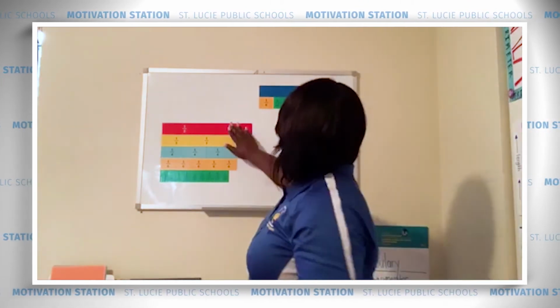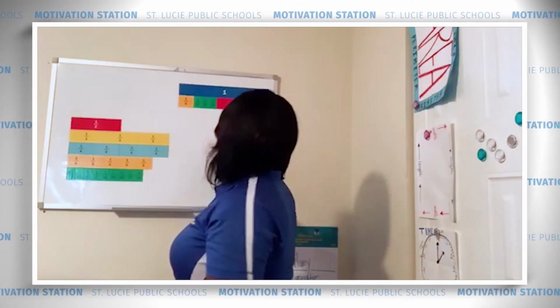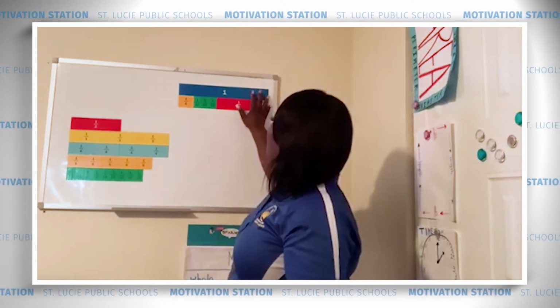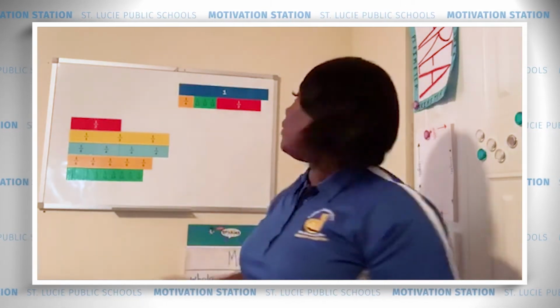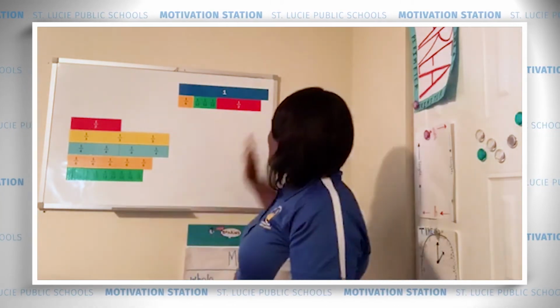Half. Whoa, look how big that half piece is. The half piece is pretty large. It filled in a good amount of space underneath this one whole. Now we do need this section right here in order to create the train that matches the one whole.